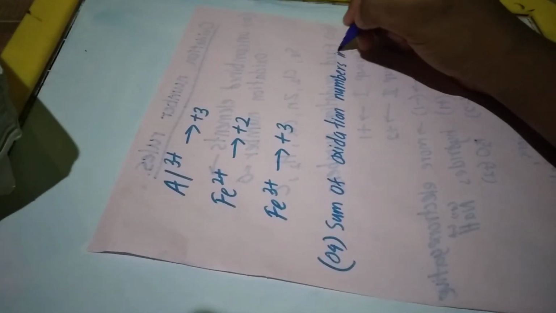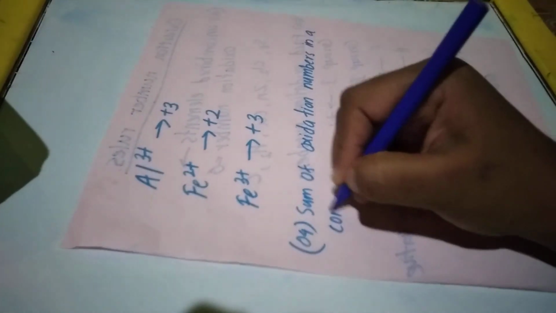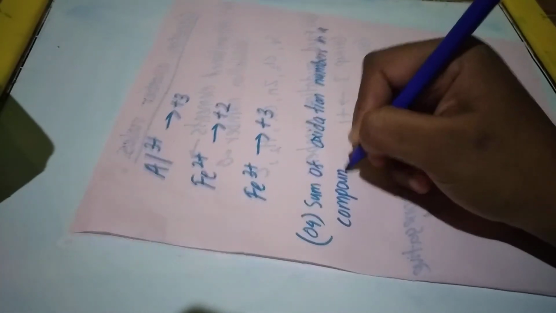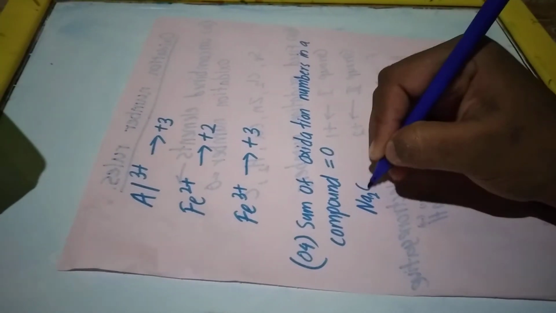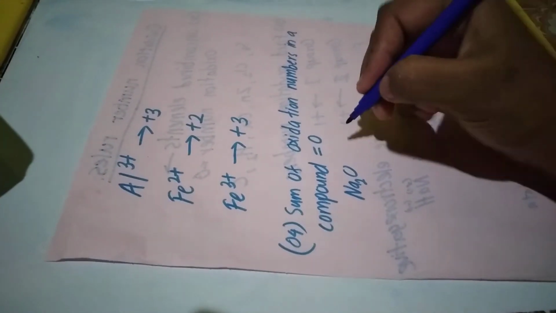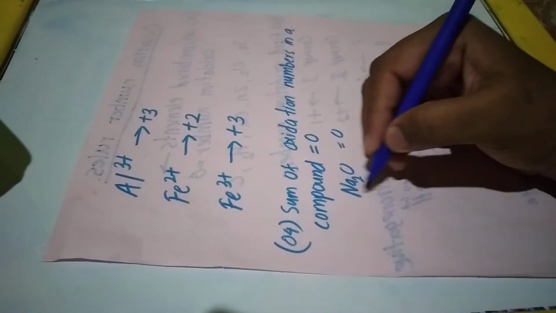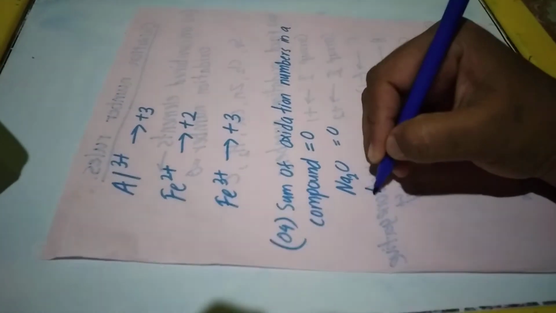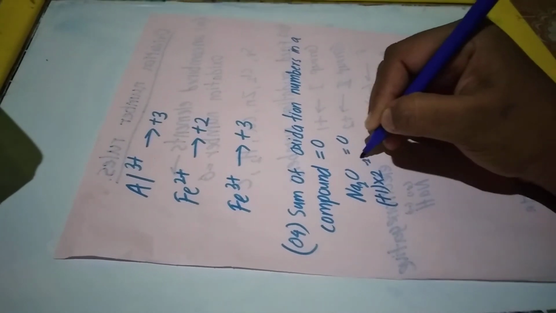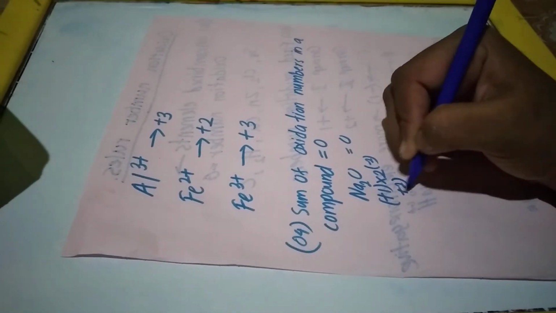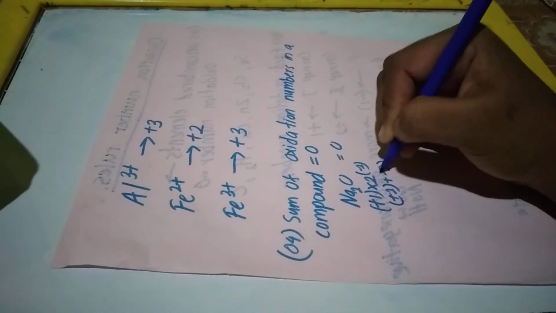For an example, if you take sodium oxide, the total oxidation state will be equal to 0 because there is no charge. So sodium has +1 times 2 and oxygen has -2. So +1 times 2 plus -2, the total oxidation state equals 0.